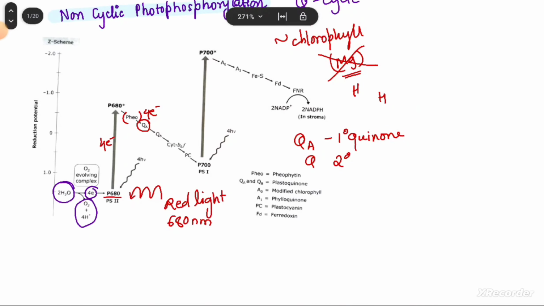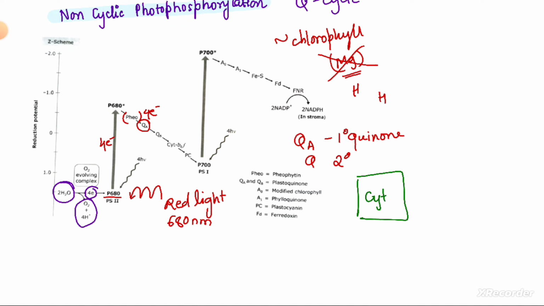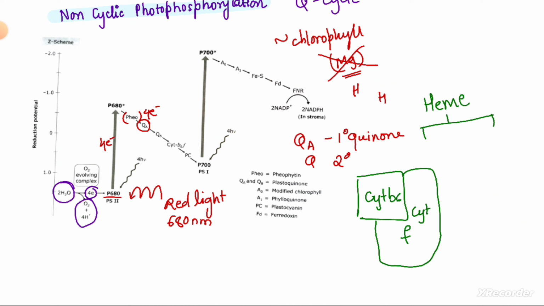There is something called cytochrome B6, and there is also cytochrome F. The cytochromes have heme in their centers. Heme A, B, and C. It can be anything.